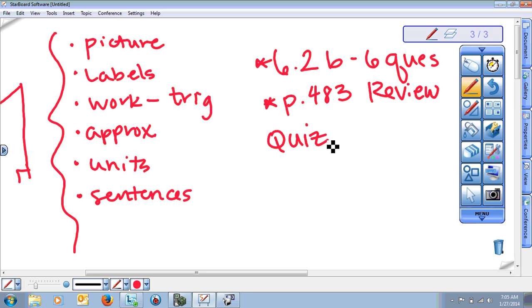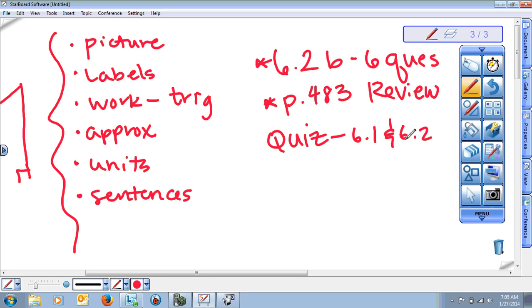Your quiz is over section 1.1 through 1.2. And we've worked on this for a while, so that goes all the way back to degrees and radians. And then it is doing your arc length, your area. Then you did your linear and your angular speeds.